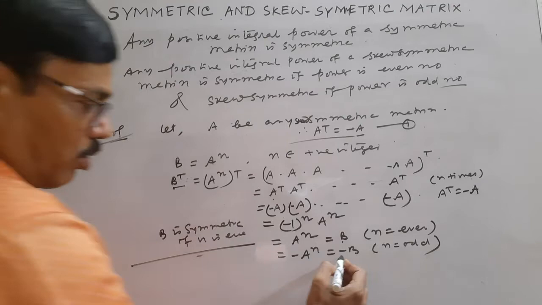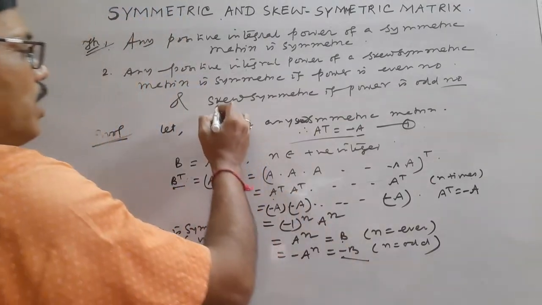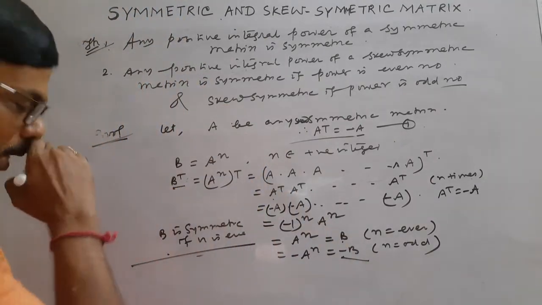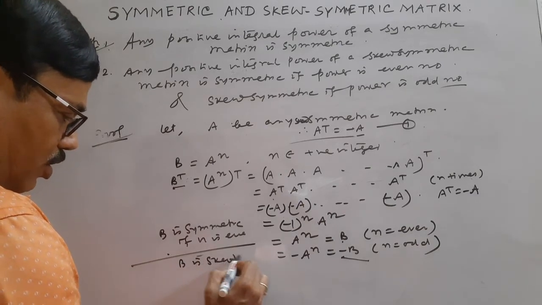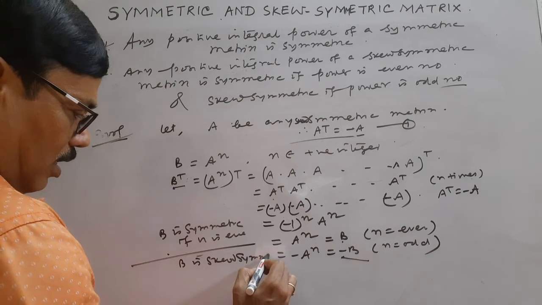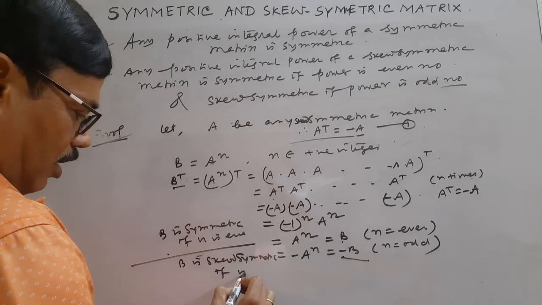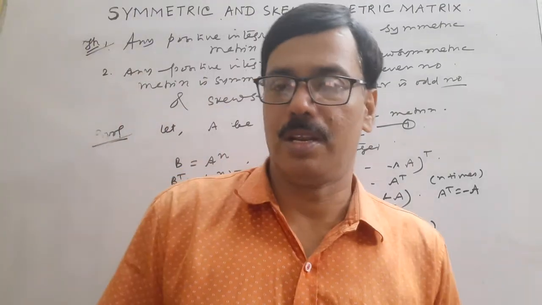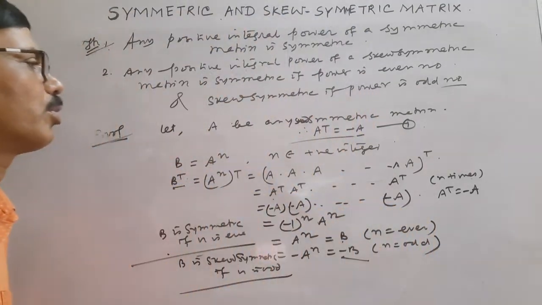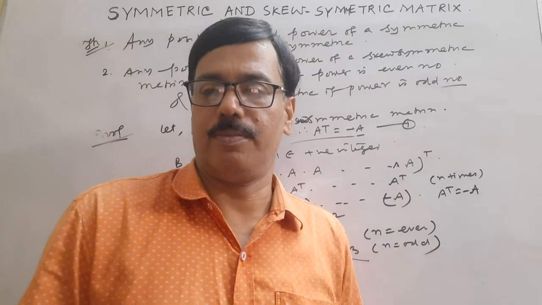And if n is odd, B transpose equals minus B. So B is skew symmetric if n is odd. So you remember the theorems. So very simple.